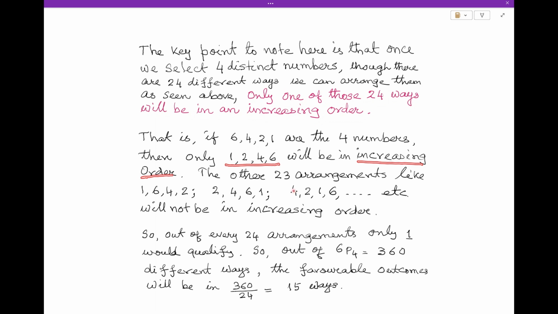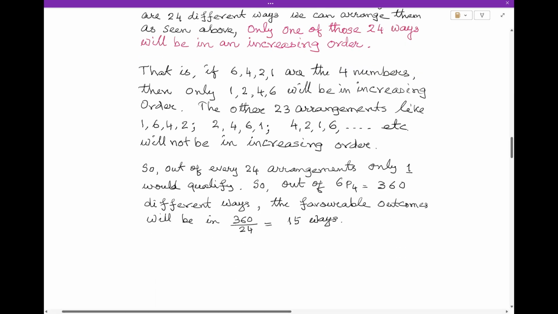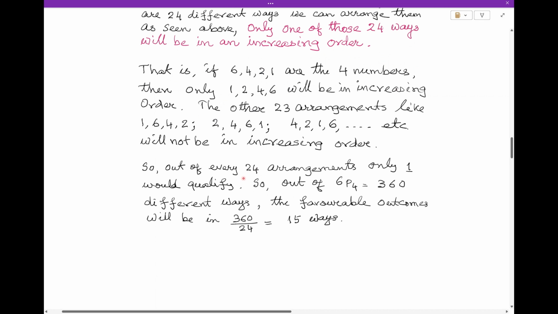The other 23 arrangements like 1, 6, 4, 2 or 2, 4, 6, 1 or 4, 2, 1, 6, etc., will not be in increasing order.